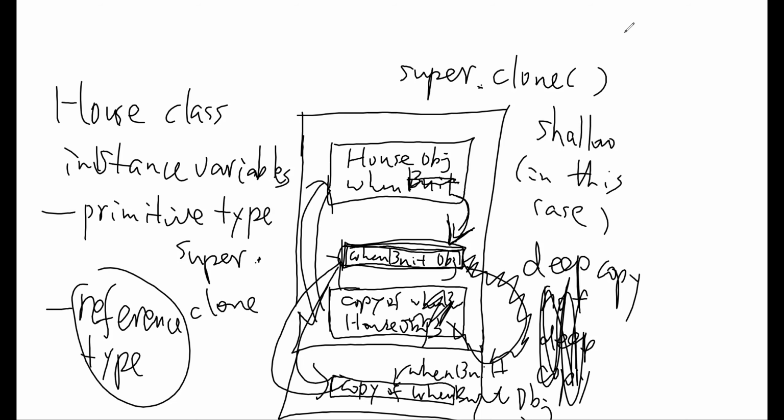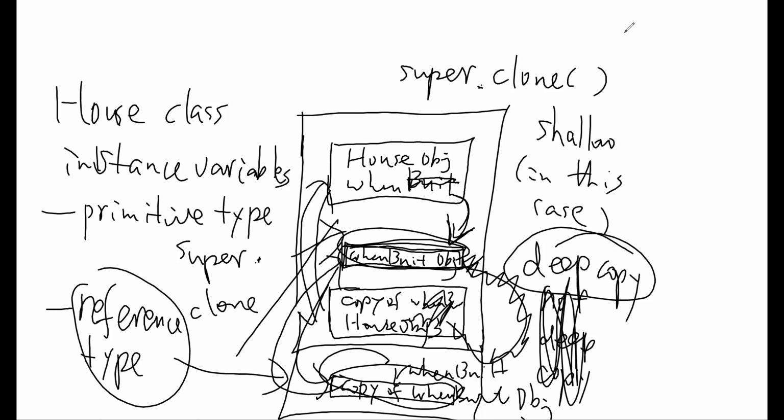When it has a reference type, like this whenBuilt, you need to be careful. You need to make a deep copy. So this specific instance variable, you also need to make a copy.